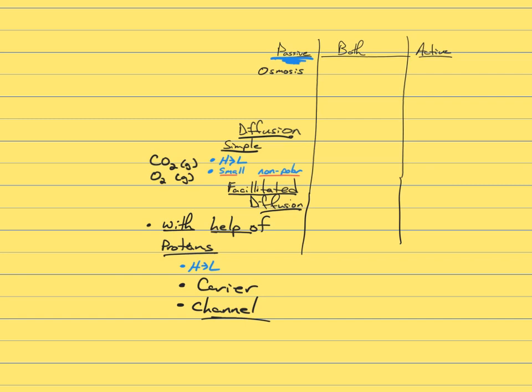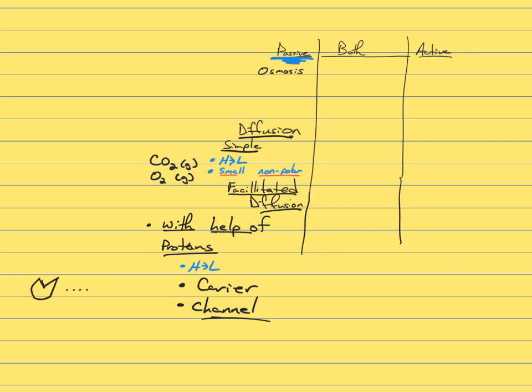Well, carrier proteins generally have a shape that allows the cell to change the protein's shape. So if this molecule came in and looked like this, it would fit in there. Let me erase it. And next week we'll look at the sodium potassium pump as a good example of a carrier protein.